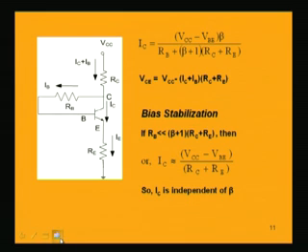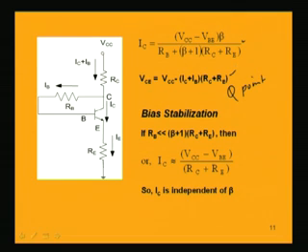Now if we know IB, we can find IC by multiplying with beta, and correspondingly we can find VCE, which is equal to VCC minus this drop minus this drop, that means VCC minus (IC plus IB) into RC minus (IB plus IC) into RE. Taking the combined IC plus IB common, we can write this expression. So this is the VCE expression, this is IC.